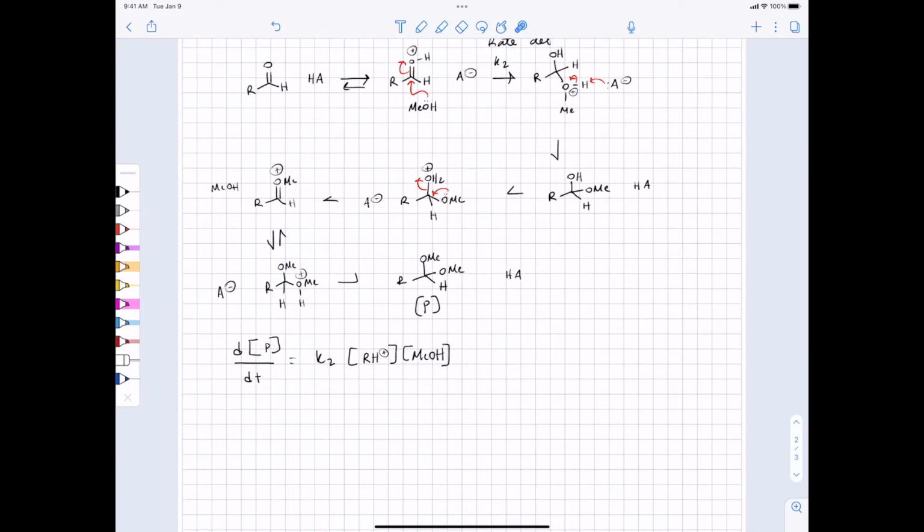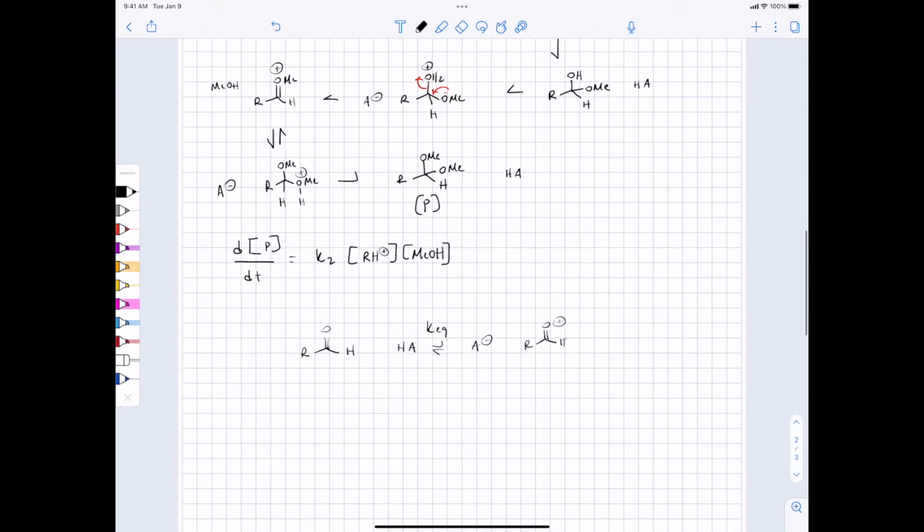So what we can do, and it's very similar to what we've done previously, is write out an equilibrium expression for protonation of the aldehyde, some equilibrium constant there, A minus, to give you protonated aldehyde.